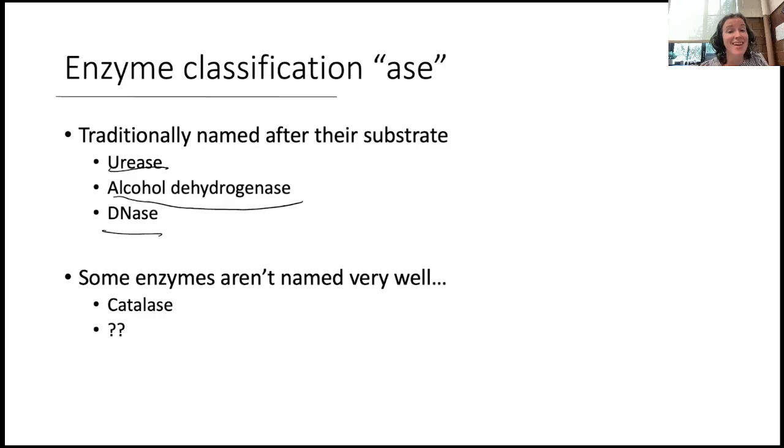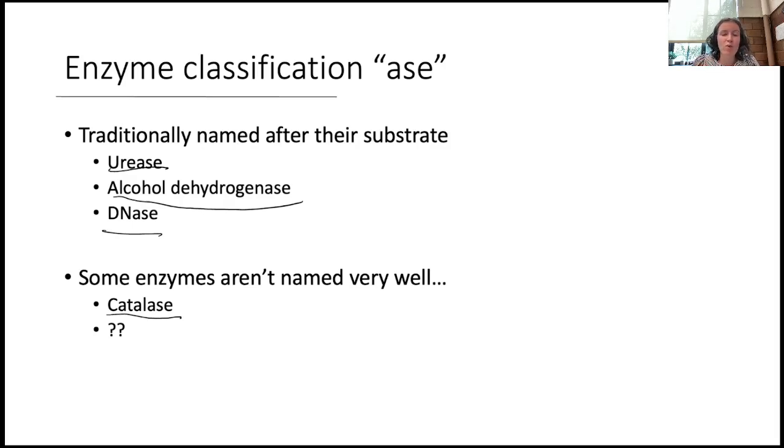What do you think DNase has for a substrate? However, this type of naming is kind of challenging because sometimes we don't name the enzymes after their substrate. So catalase, for example, what is its substrate? It's a catalyst, which we already knew about enzymes, right?